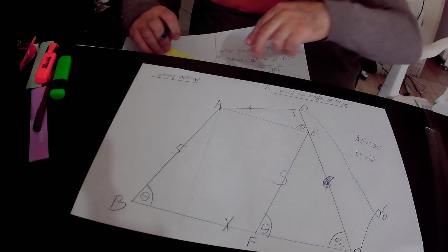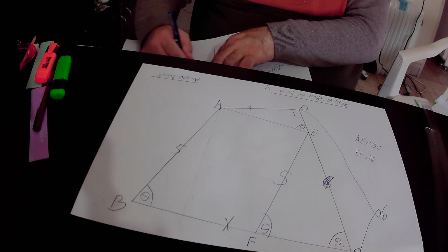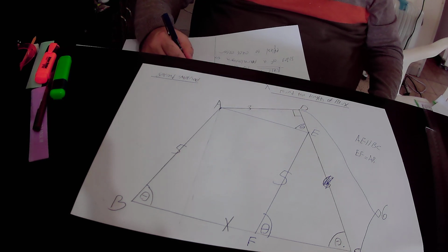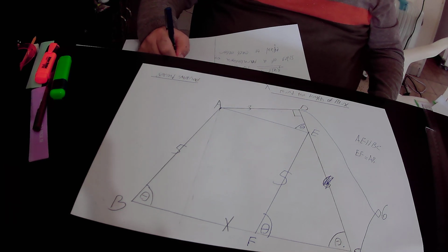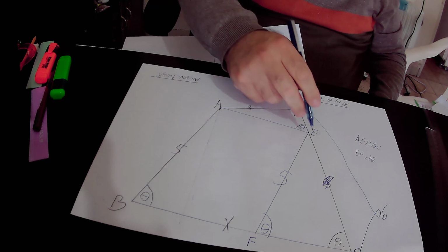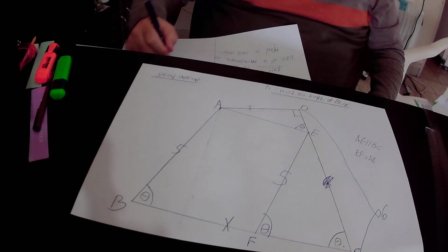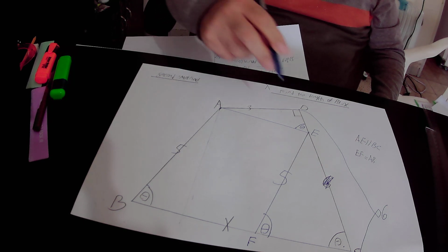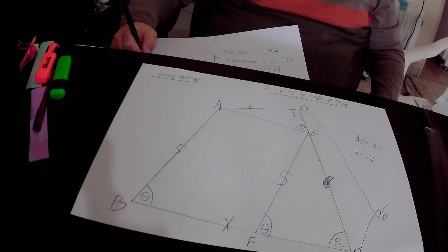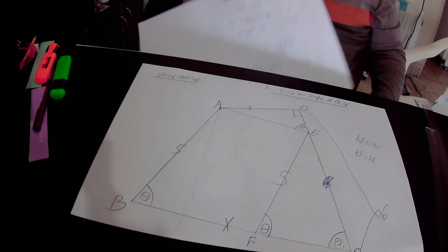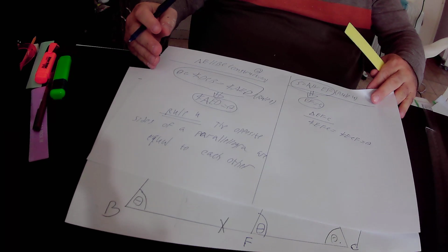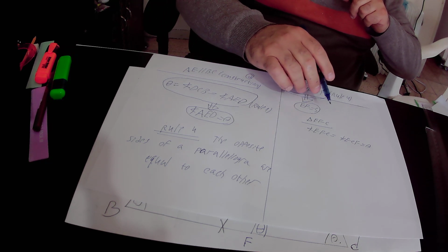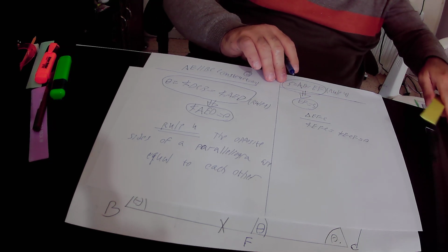Those two angles are equal to each other. They are both equal to theta. So angle EFC is equal to this angle, angle ECF. So in triangle EFC, we know that angle EFC equals angle FCE equals theta, both angles are equal to theta.